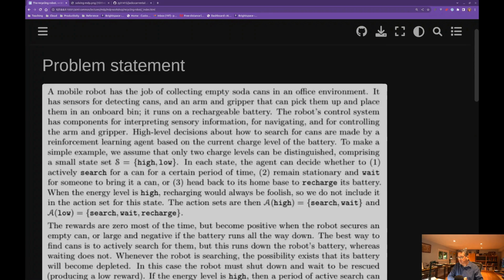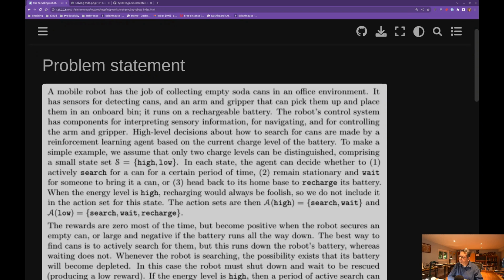And at each state, the agent has to make certain decisions: either to continue to search for the cans, to remain stationary and wait for someone to bring it a can, or to head back to the charger and recharge the battery.